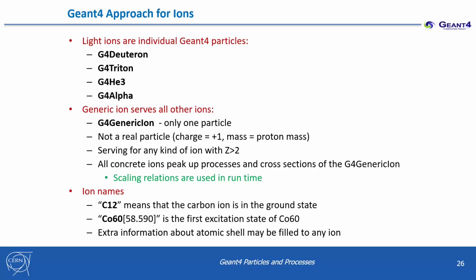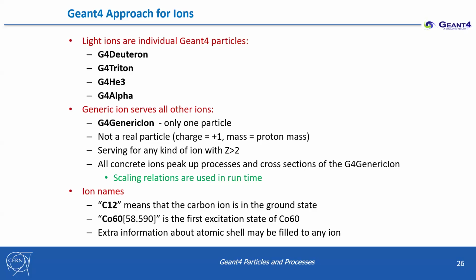Generic ion is not a real particle. It is a particle with charge +1 and proton mass. And we don't track generic ion itself, but we configure generic ion. In that case, all other ions pick up information about processes from generic ion.